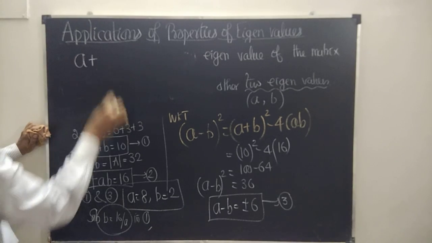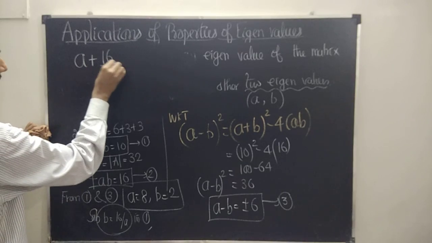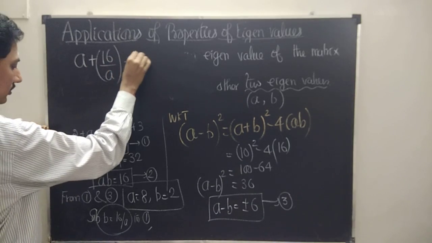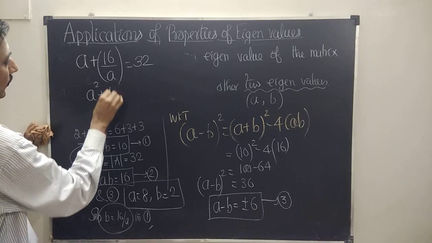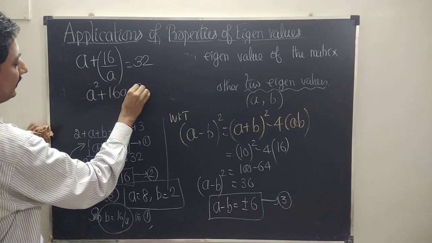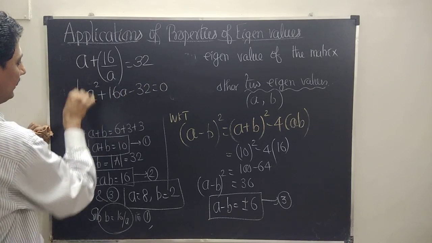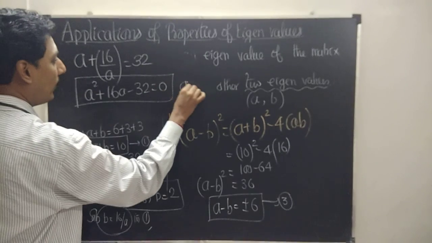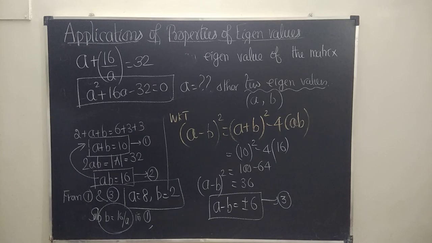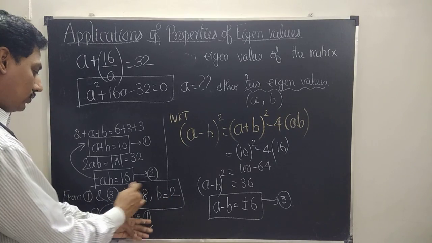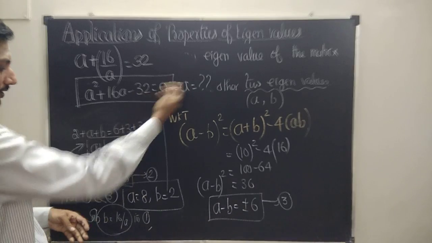A plus 16 by A is equal to 10. Let us simplify this. We get A squared minus 10A plus 16 is equal to 0. Let us solve this. We get 2 values of A: A is equal to 2, B is equal to 8, and the reverse, A is equal to 8, B is equal to 2. That's the same thing here.